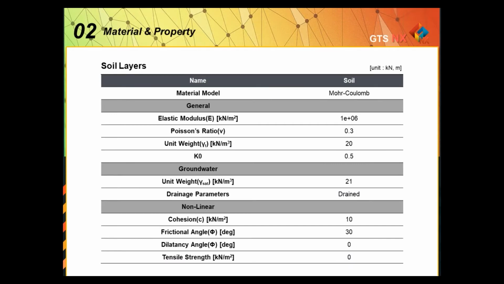So in this example, we will use simply one soil layer, which is used by the more general models. And you can see the input parameters in this slide. Of course, we'll start this model by using the start file, which already predefined these input parameters, especially for the material property.